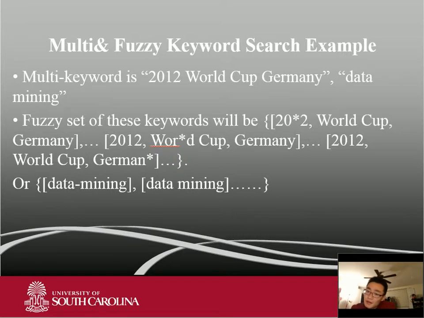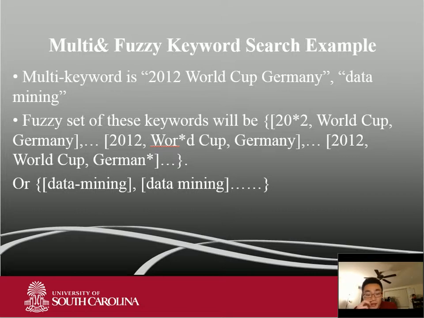That means maybe our user forgot the exact year, and maybe they have some typo in their keywords. But anyway, if we have the fuzzy sets of all the keywords and we use all the fuzzy keywords to search the result, we can provide our users with the correct results, even if they have a typo in their search.